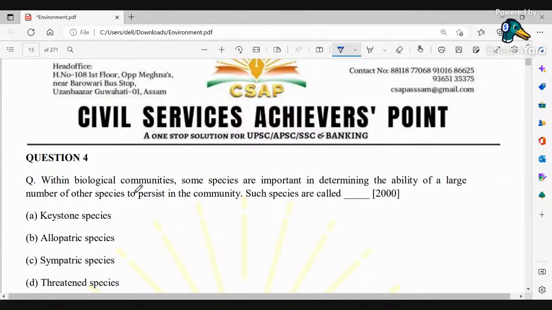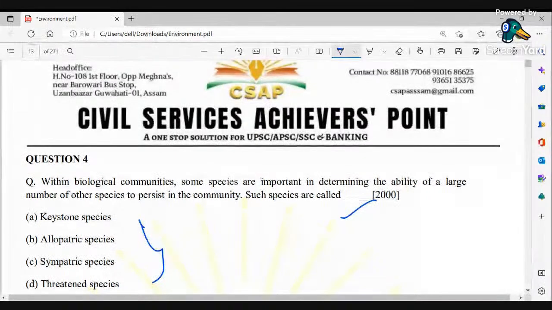Question number 4. Within biological communities, some species are important in determining the ability of a larger number of other species to persist in the community. Such species are called what? You can choose amongst the following options: keystone, allopatric, sympatric, and threatened species. So, anyone with the correct option of question number 4?